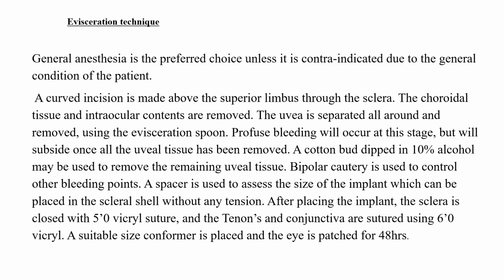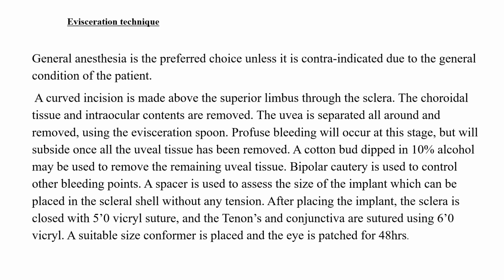Technique. General anesthesia is the preferred choice unless it is contraindicated due to the general condition of the patient. A curved incision is made above the superior limbus through the sclera. The choroidal tissue and intraocular contents are removed.